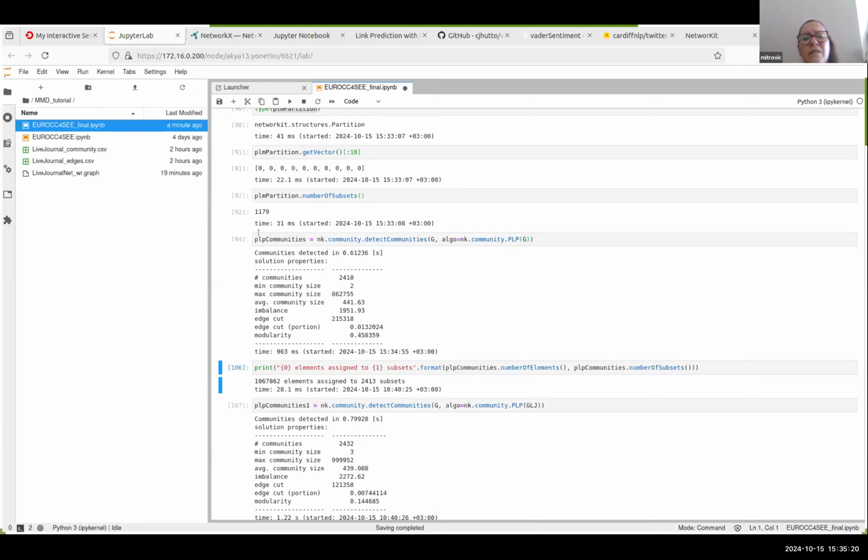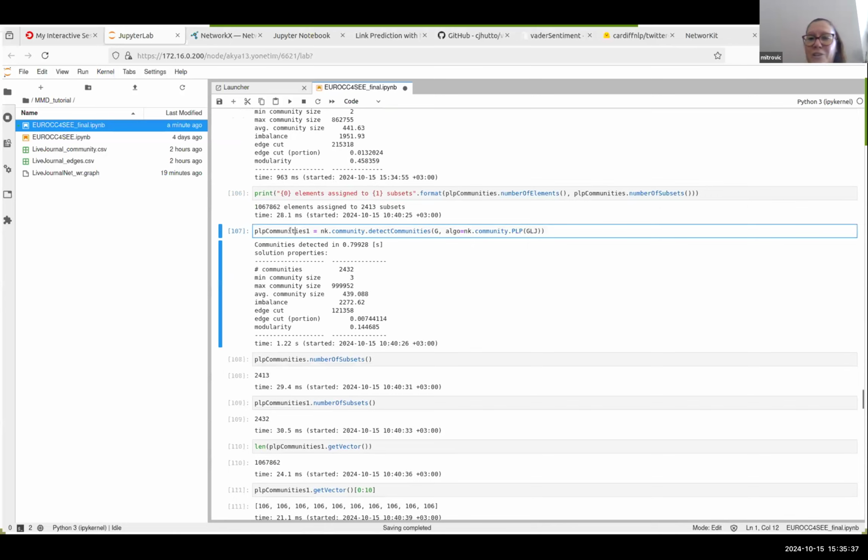The label propagation algorithm has a very different definition of communities than the Louvain method, and due to this you will find different communities, and you will find a different number of these communities. Just to show you that the label propagation algorithm is also stochastic.